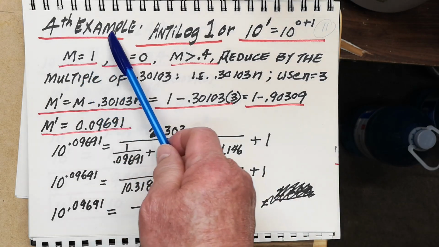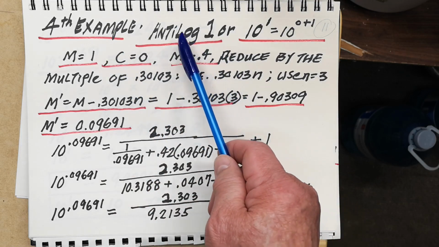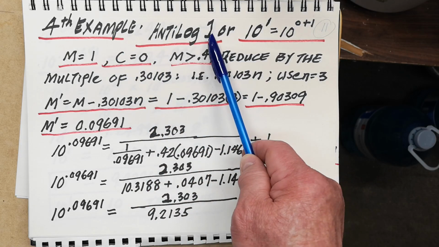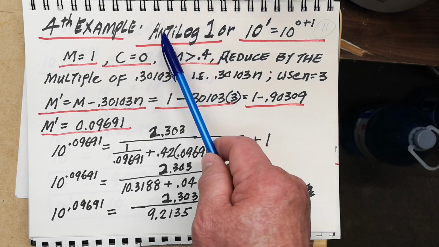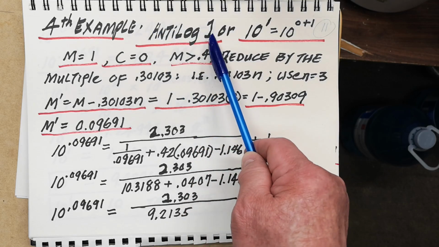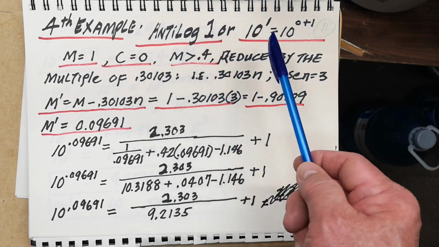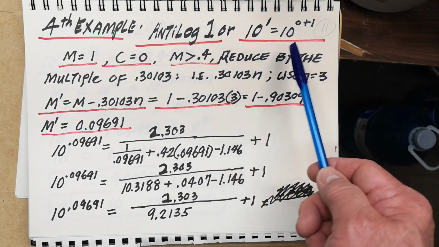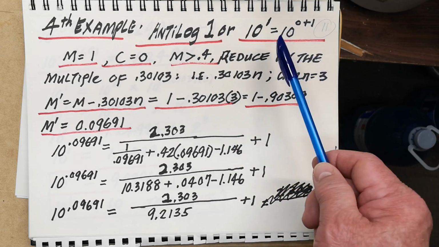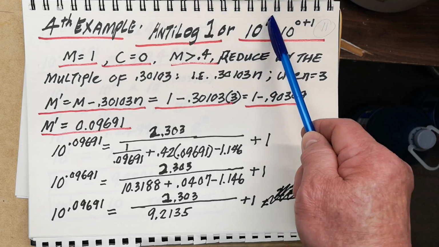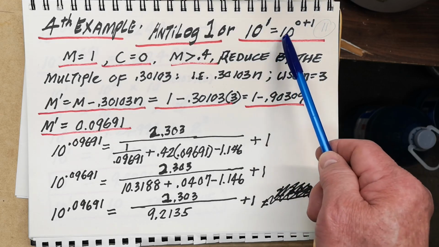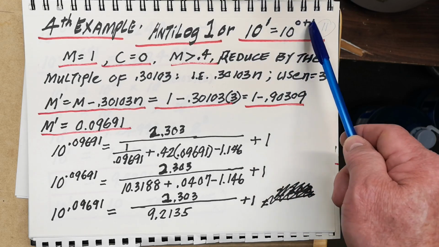Our fourth example is the antilog of 1. We try to find what the antilog of 1 is. We know it's 10, but we just use the formula to find its value. So 10 raised to the 1 is actually equal to 10 raised to the 0 plus 1.